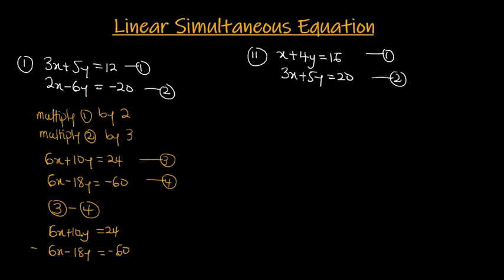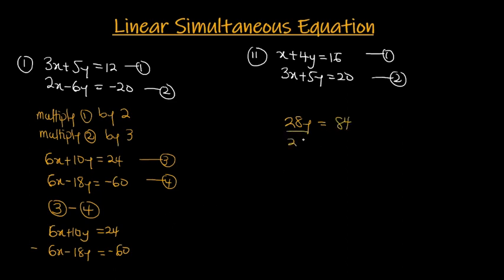Now 10y minus minus 18 becomes 10y plus 18, and that will give me 28y is equal to 24 minus 60. This 24 here minus this minus 60, so it becomes 24 plus 60. That 24 plus 60 will give me 84.